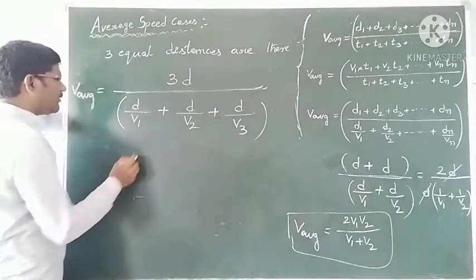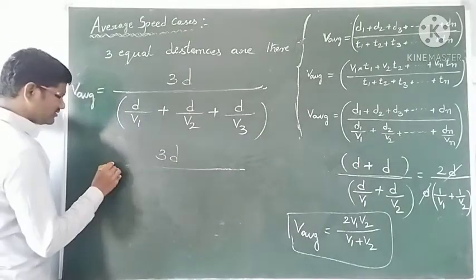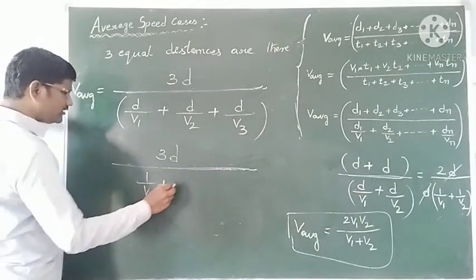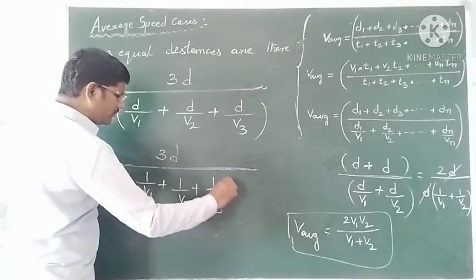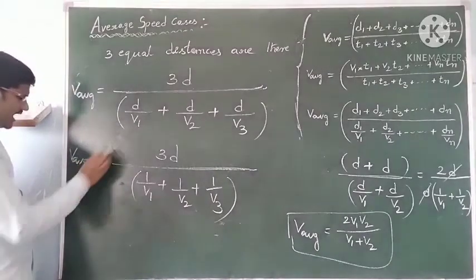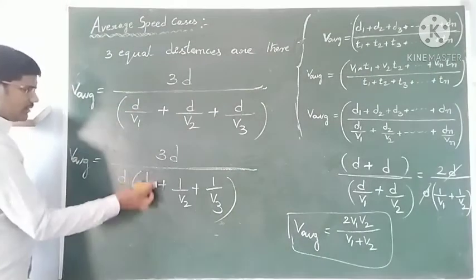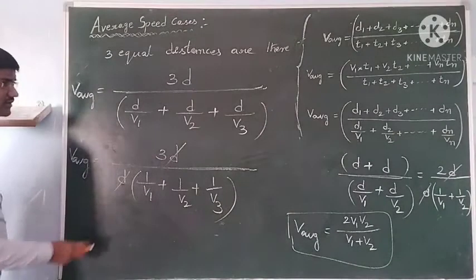Now take d common here. So 3 into d, so what will you get students? 1 by v1 plus 1 by v2 plus 1 by v3, and here you have v average. So now d you have taken common, 1 by left, send this 3 to denominator.